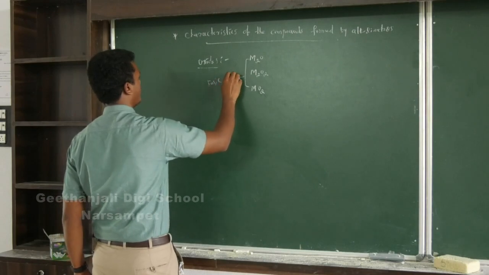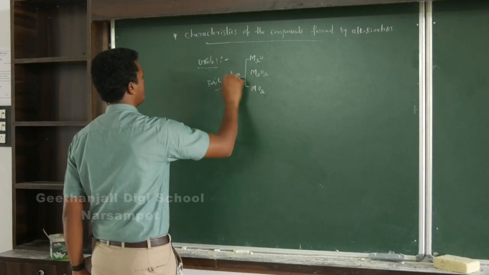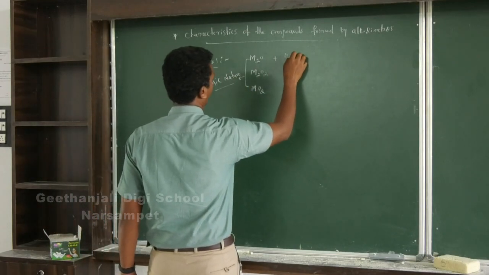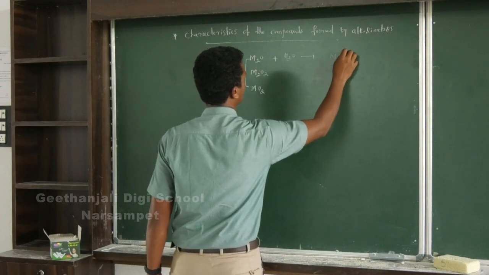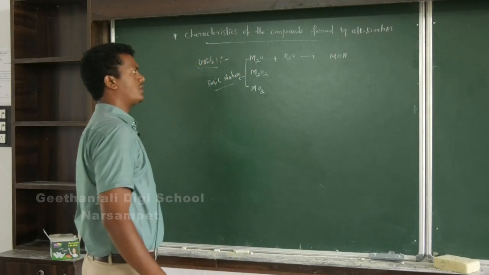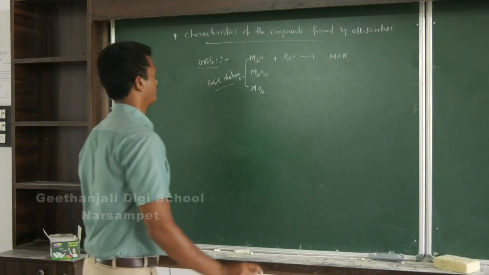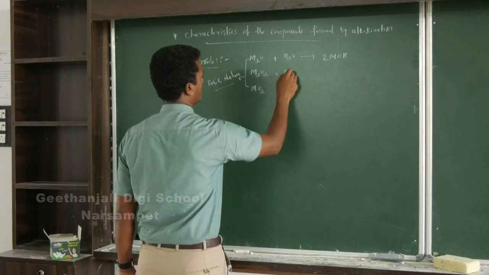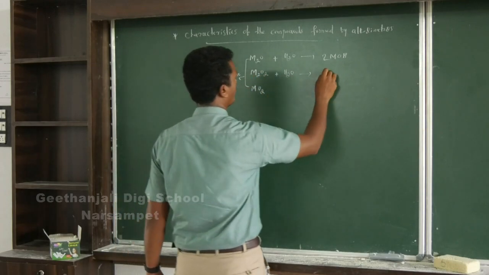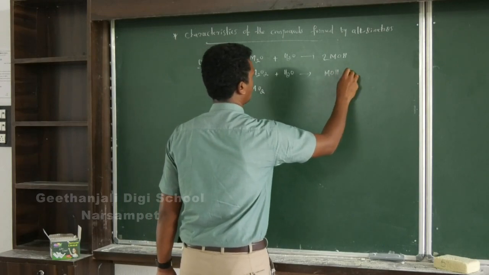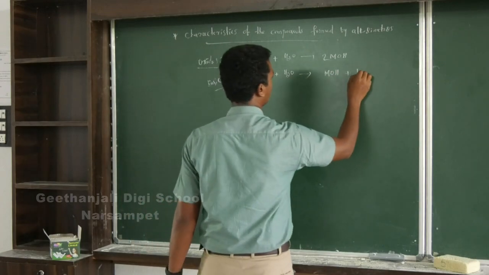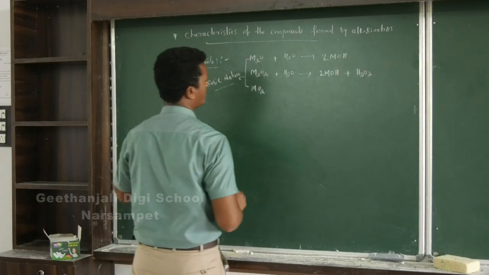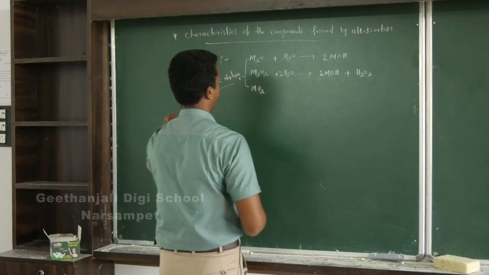One important property of these oxides is that they are basic, because when they dissolve in water, they produce MOH type of hydroxides, which are strongly basic. When peroxides dissolve in water, they form MOH type of hydroxides along with hydrogen peroxide, meaning 2 MOH; we require 2 H2O.